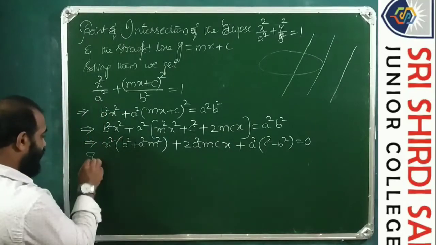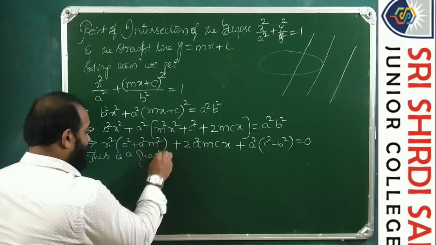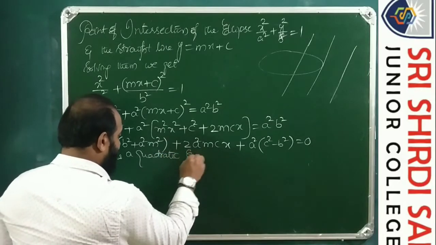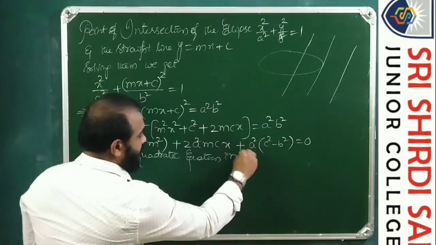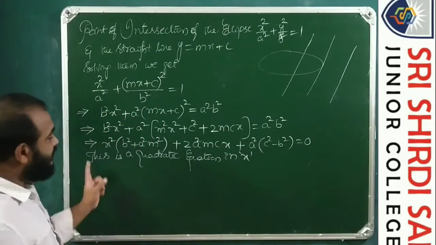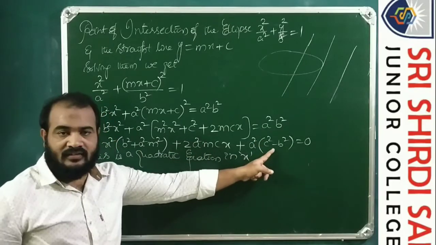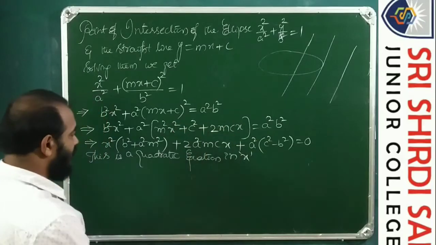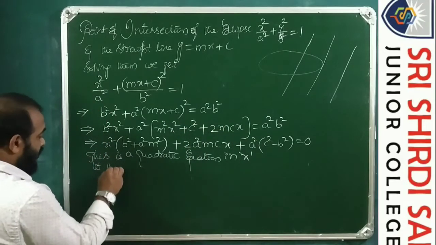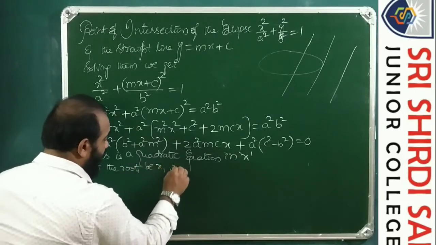This is a quadratic equation in x. Since this is a quadratic equation in x, it has two roots. Let the roots be x1 comma x2.